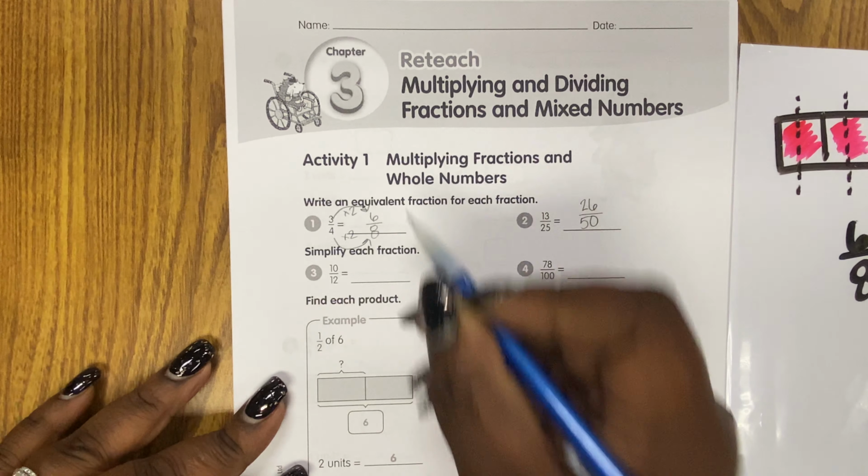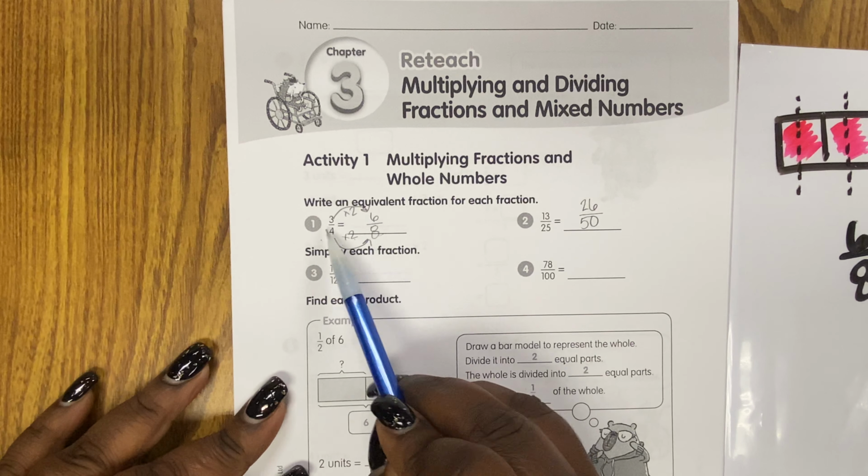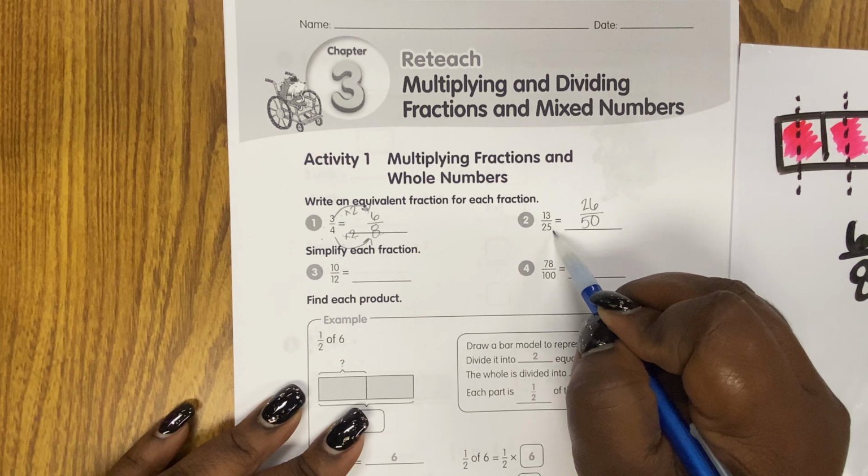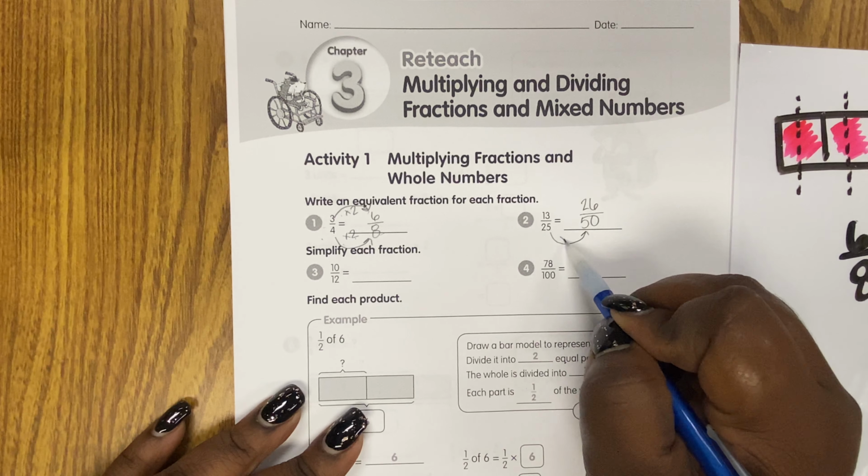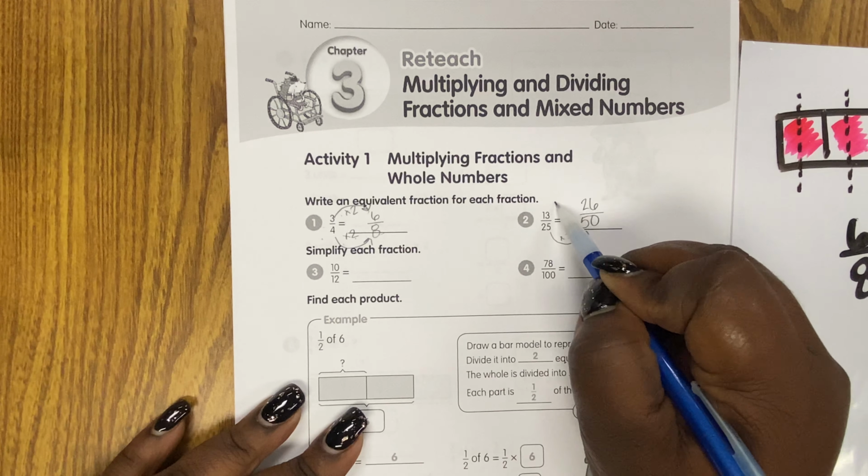So I can see 4 times 2 is 8, 3 times 2 is 6. Same thing here. We broke each one 2 times. And we'd have 26/50.